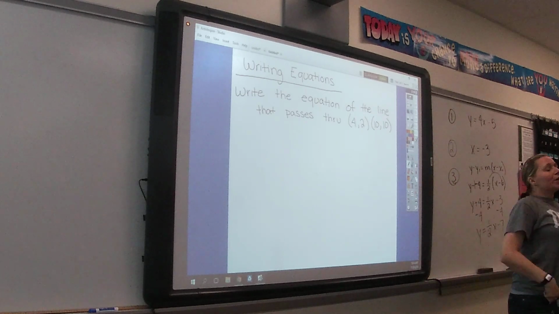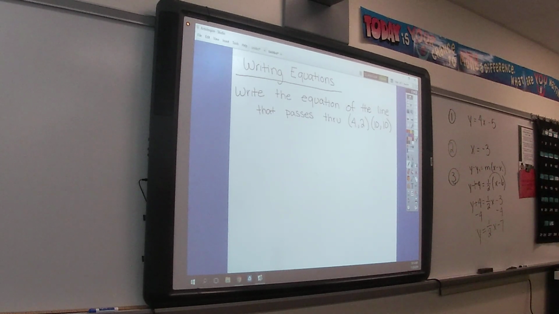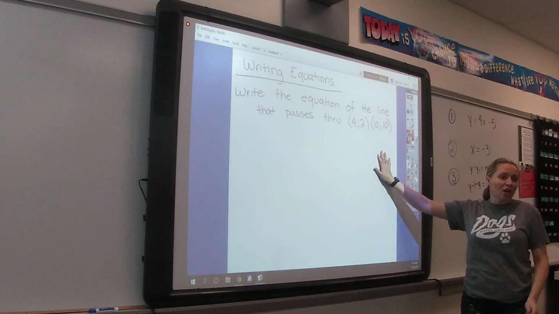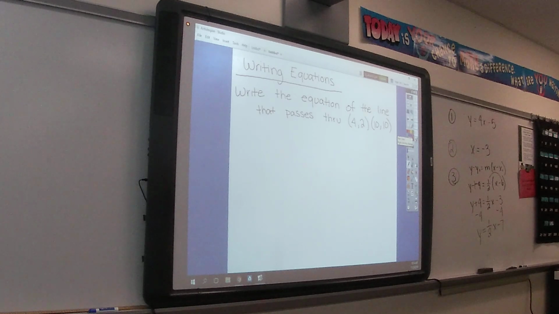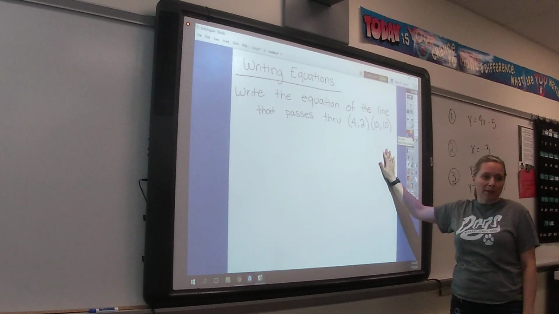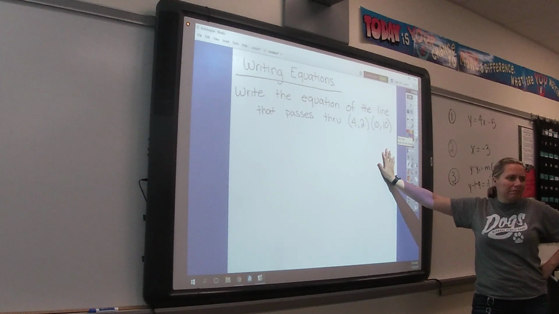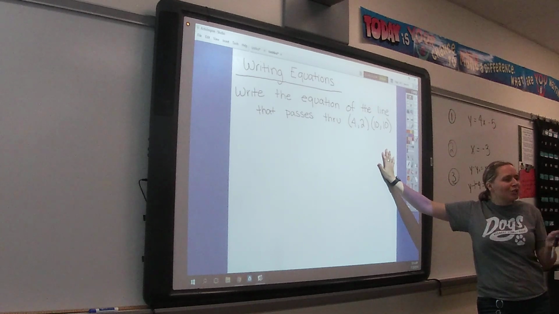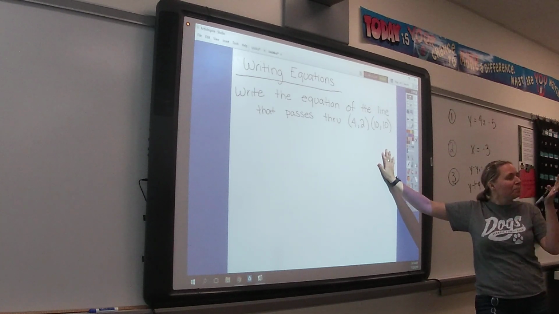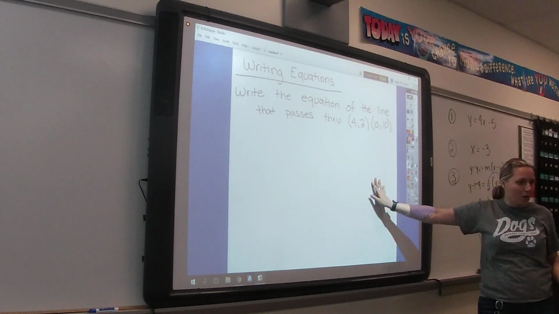No. We could write the equation of the line if we were given something with undefined slope. Do we have undefined slope up here? No. We could write the equation of a line if we were given a point and a slope. Do we have a point and a slope up here? No. Okay, so there's this one question mark, this one important piece that is determining the category.